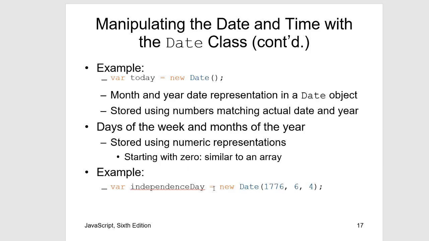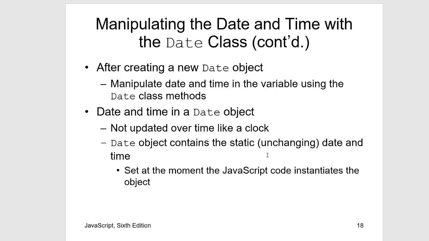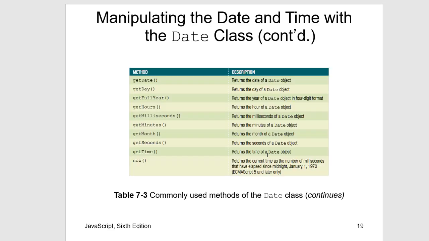You could create a date object by using numeric representations like year and month and day. You can also, as I showed you in that example, have all of the 7 pieces that are part of the array of date. Once you've created the date object, then it is a static object and it will contain the data that it was populated with. It's not going to update over time like a clock.